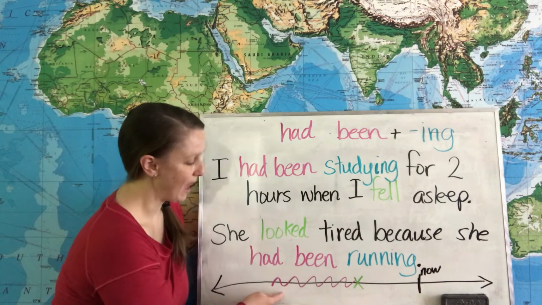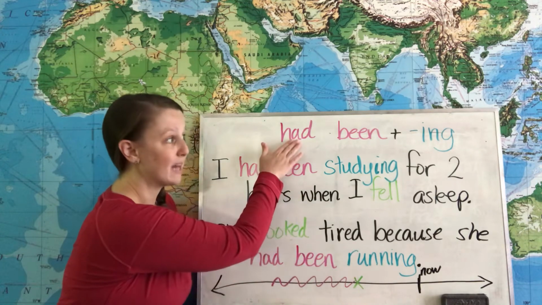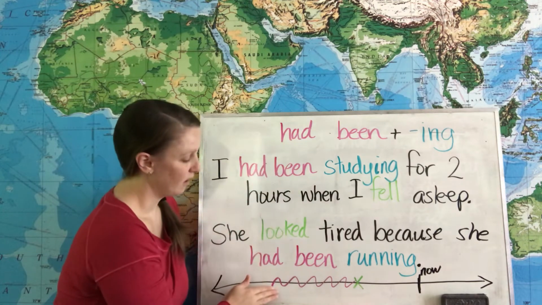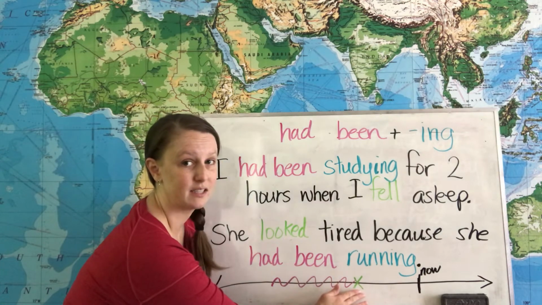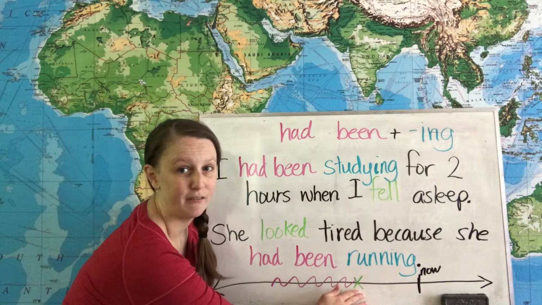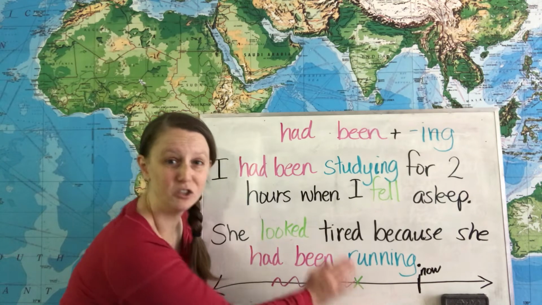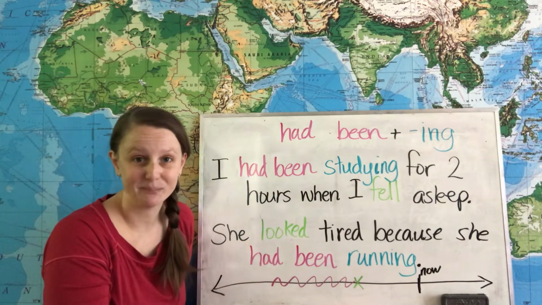So we use past perfect progressive, that had been ing, for this ongoing action before this completed past action. For the completed past action, we're usually using simple past.